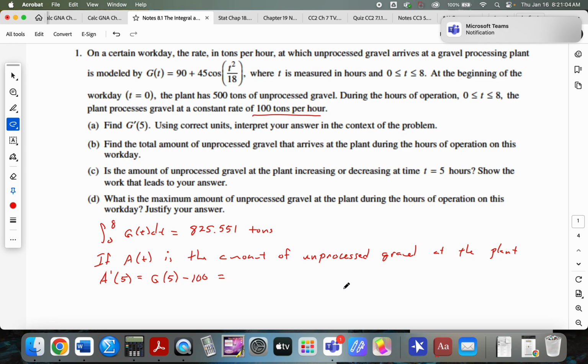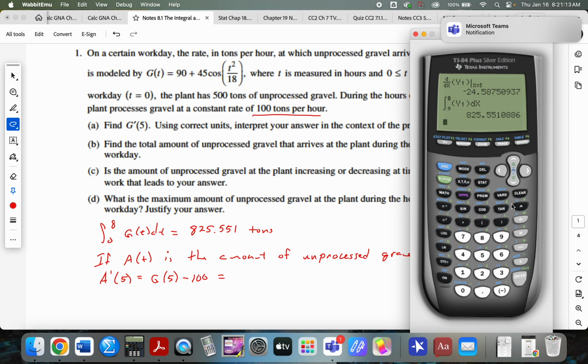So again, we can do that on the calculator. We can simply evaluate y at 5.